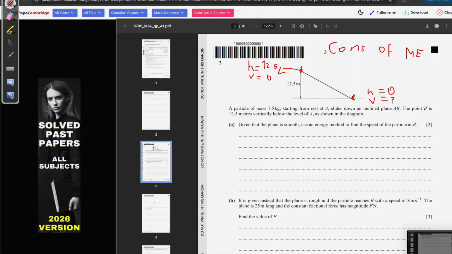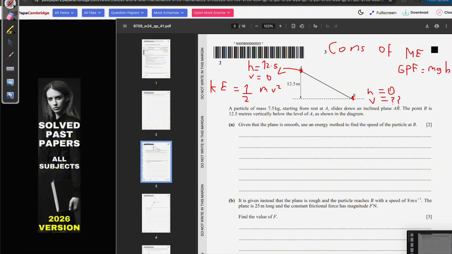So we can just find an expression for the speed. As we said, kinetic energy is equal to half mv squared, and gravitational potential energy is equal to mgh.